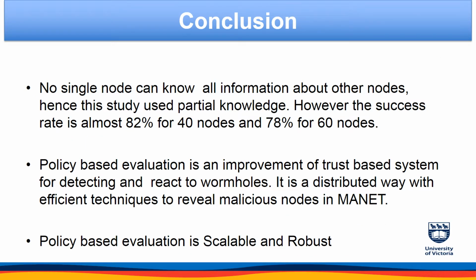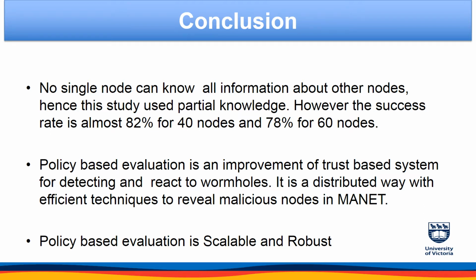As a conclusion, no single node can have all the information about other nodes. That's why for this study they used partial knowledge. However, the success rate is almost 82% for 40 nodes and 78% for 60 nodes, which is the best success.